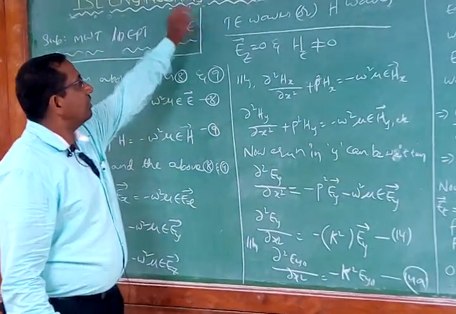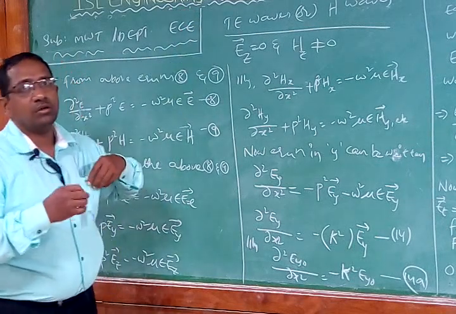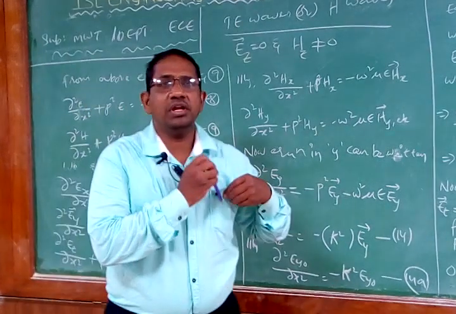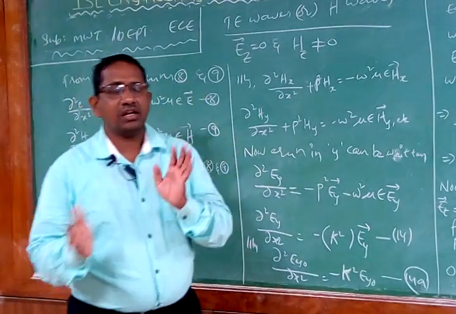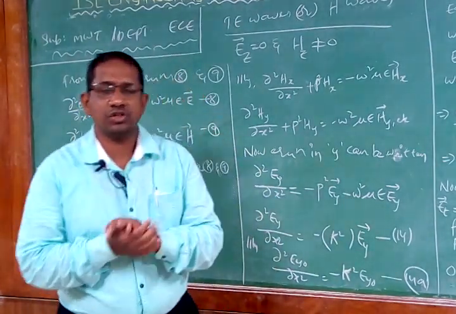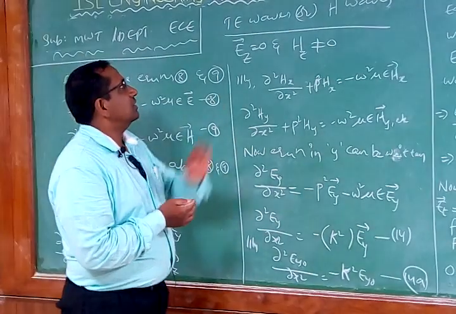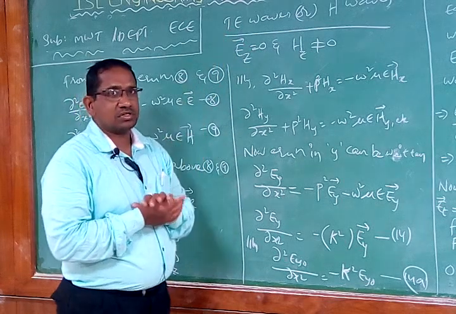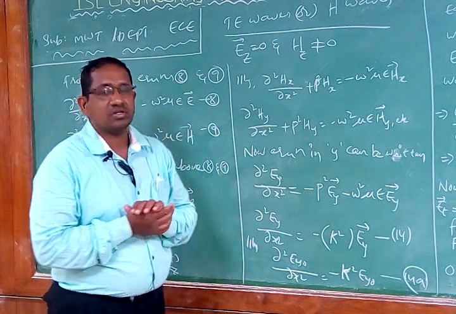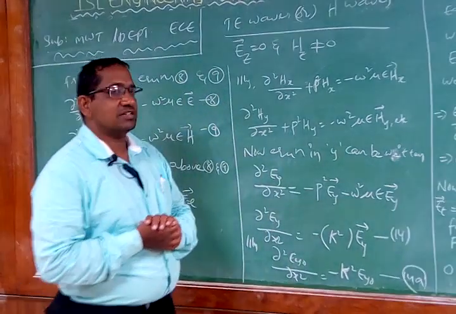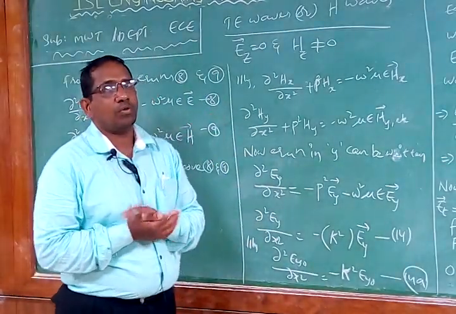Now we are looking for the wave equations for TE mode. What is TE? Transverse electric. What is the meaning of transverse electric? The electric field is transverse to the propagation of the actual wave. Since TE is transverse, the electric field resides perpendicular to the propagation of the wave.